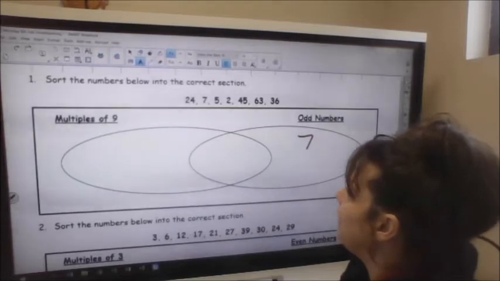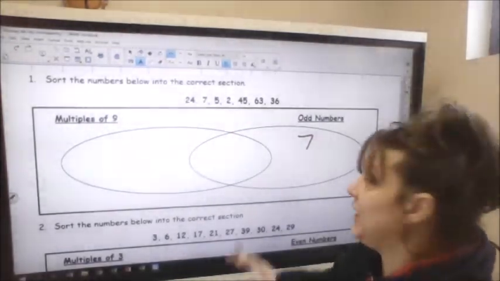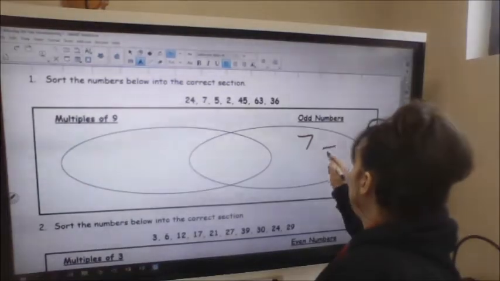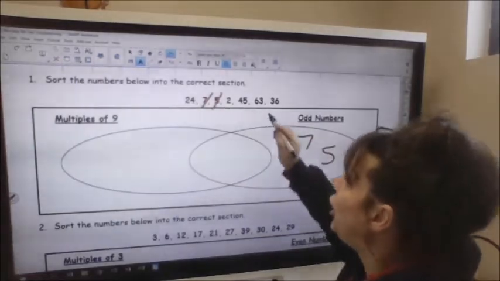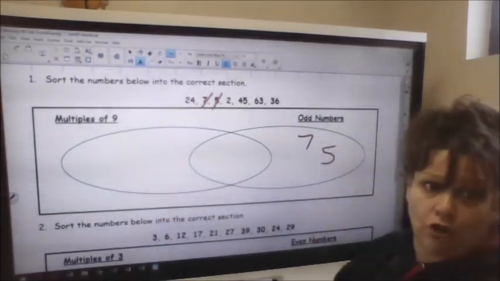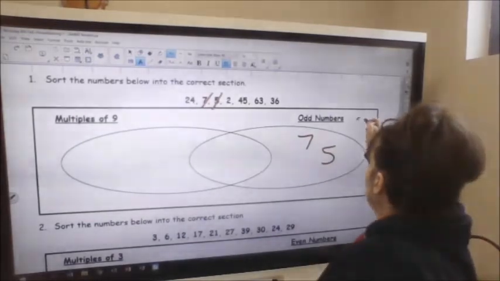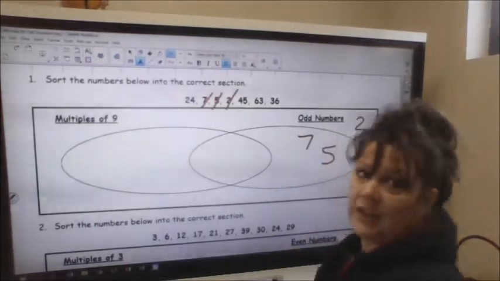Okay, if I look at 5, 5 doesn't appear in my 9 times table. It's an odd number, so I can put it over there. So I've used 7 and I've used 5. 2 is not a multiple of 9. It isn't an odd number, it's even. So it goes outside here, because it doesn't fit in any of those boxes.